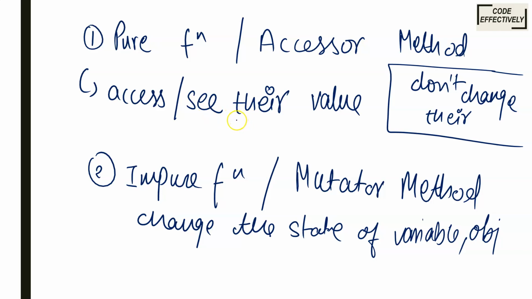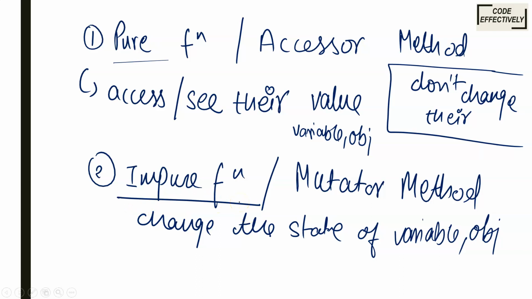You just see the value of the object or the variable and you come back. But in impure functions you can change the value or the state. That's why these are known as impure functions and those are known as pure functions. That's their only difference.